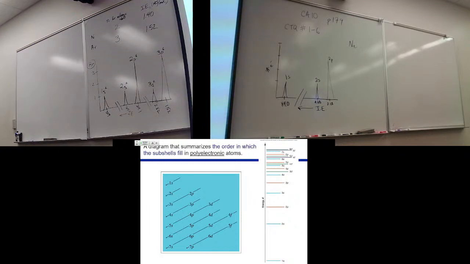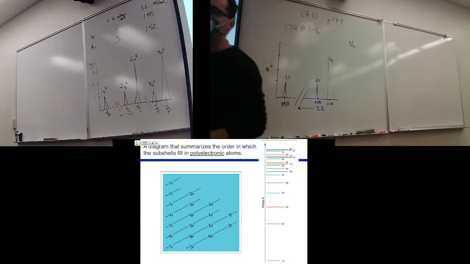So 1S comes first, then 2S, then 2P, then 3S, then 3P, then 4S, then after 4S, 3D, which seems weird because it's 3, but that comes next. Then 4P, then 5S, then 4D, then 5P, then 6S, then 4F, then 5D, and 6P.